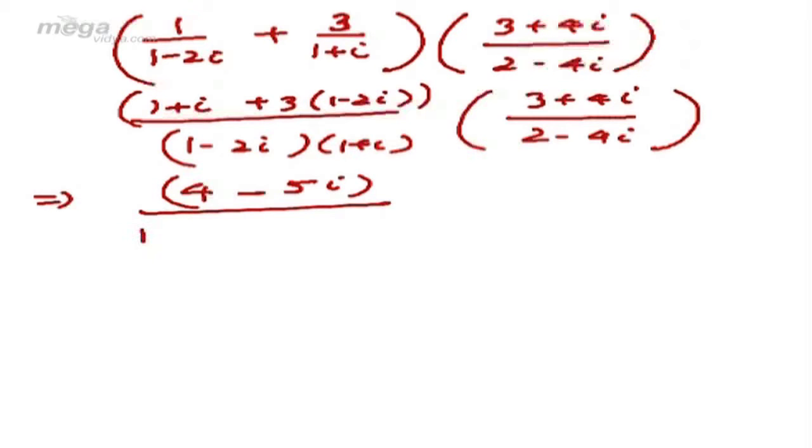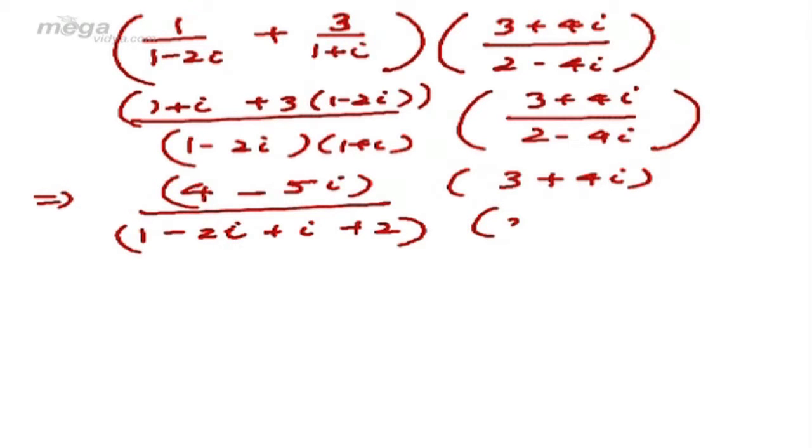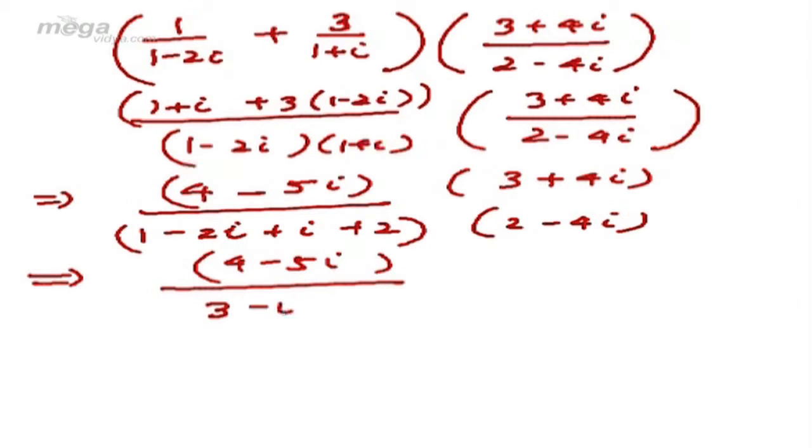That is, you will get 1 plus i minus 2i minus 2i square, that is plus 2. It will become 3 minus i, and in the denominator 2 minus 4i.